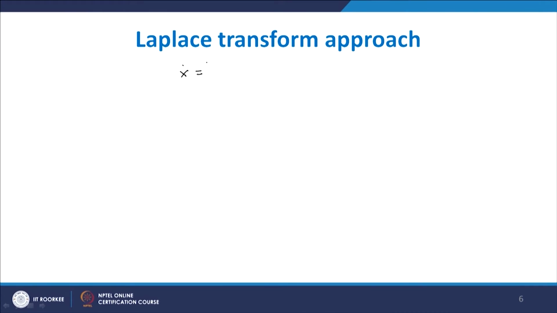Now, we start deriving the state equation using Laplace transform approach, that is, we can write down the equation as x dot equal to ax plus bu. Now, what we do? We have to take the Laplace transform for these equations. So, taking Laplace transform both sides, we can write down as s x of s minus x naught equal to a into x of s plus b into u of s.